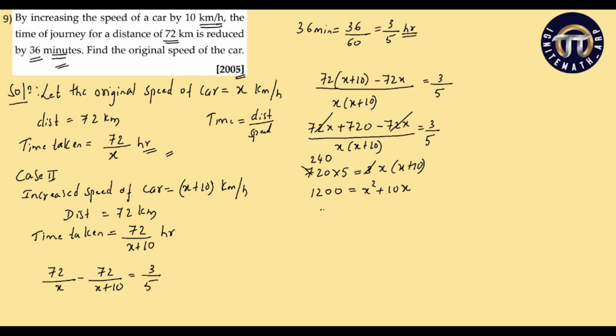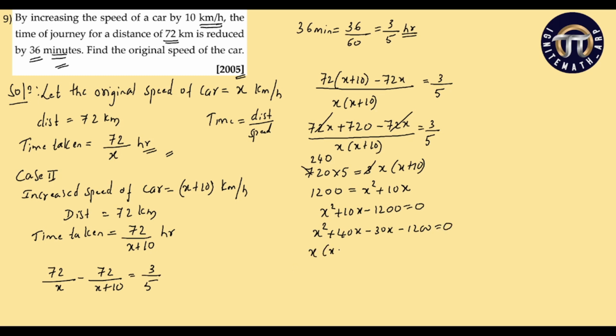So when I bring it to the standard form, x square plus 10x minus 1200 is equal to 0. This is the standard form of the quadratic equation. Now I need to split it and factorize. x square plus 40x minus 30x minus 1200 is equal to 0.